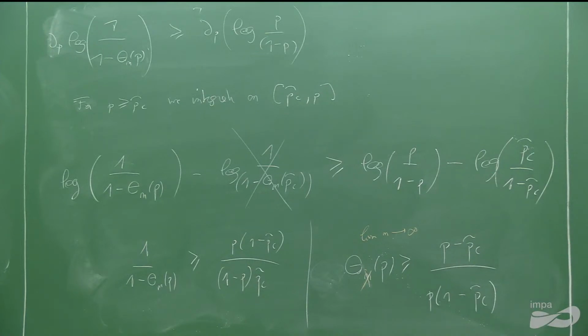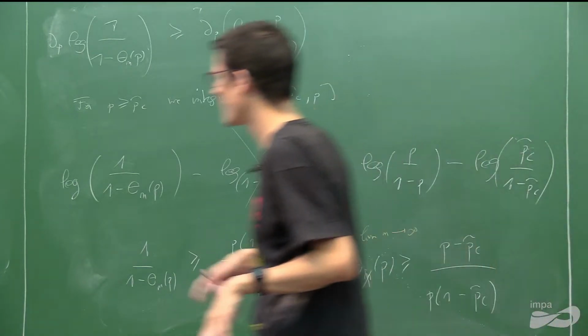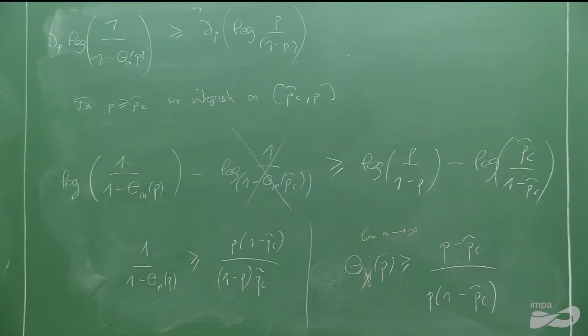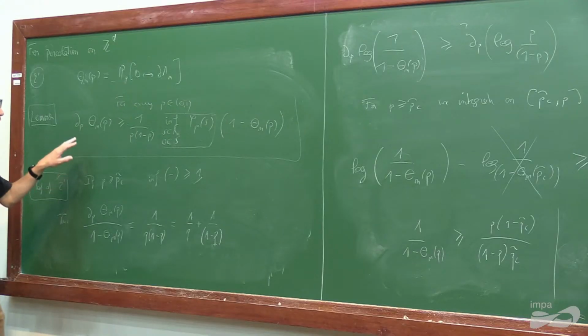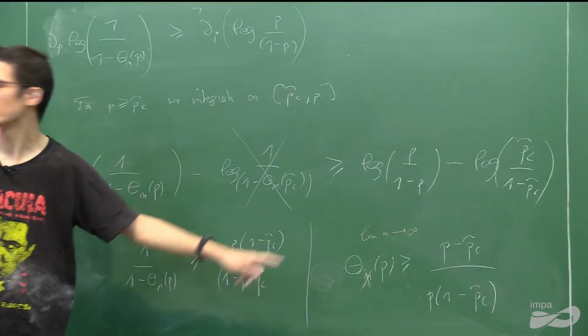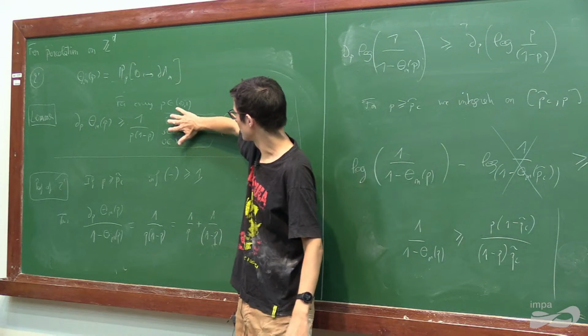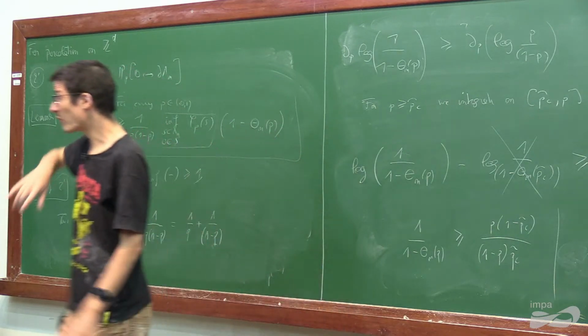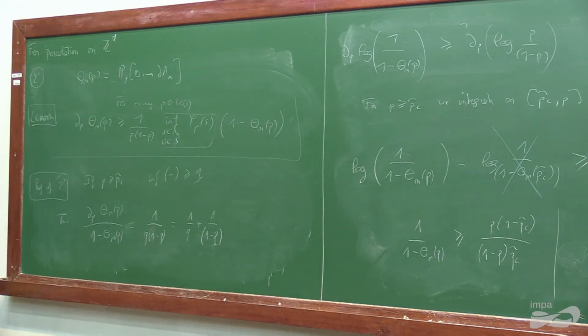So, yes, okay. Unless you're really good in computation, it's not completely obvious how this gets you this in the end, even when you've taken this away. What is actually not difficult to see is that this will give you the fact that theta p grows linearly.